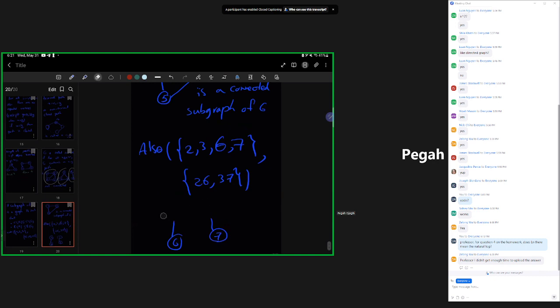Let me write it better so I have space: 2, 6, 3, and 7. This is a subgraph, but it is going to be a disconnected subgraph of G.